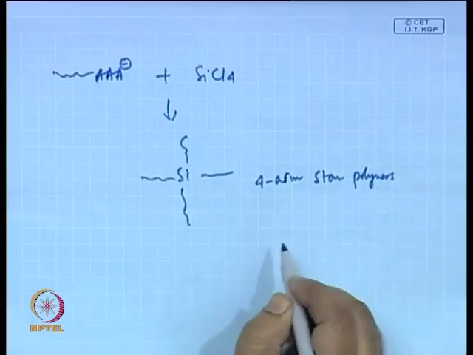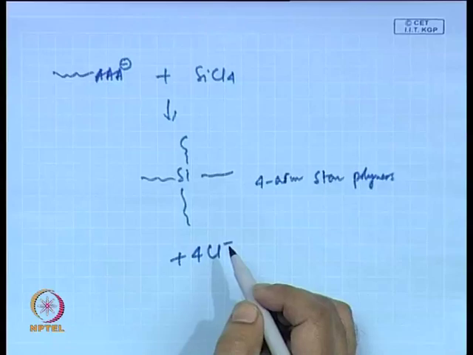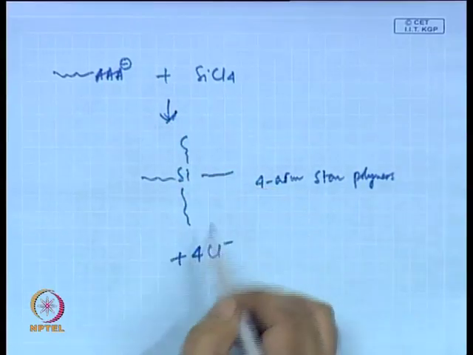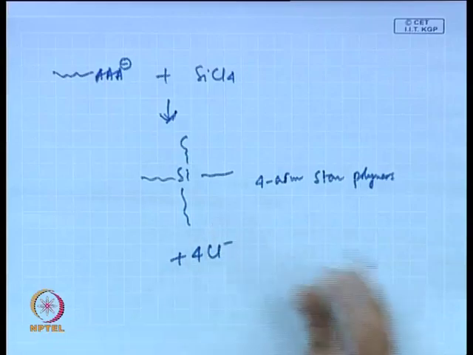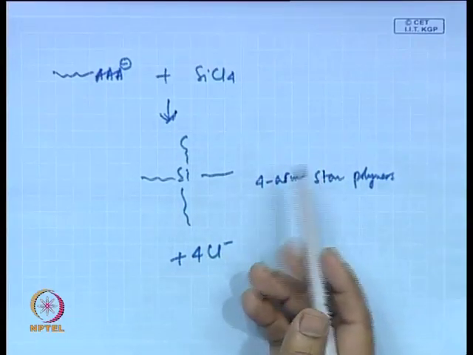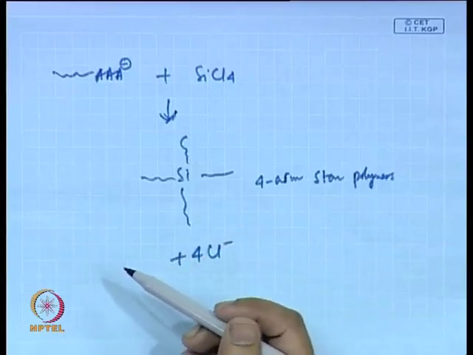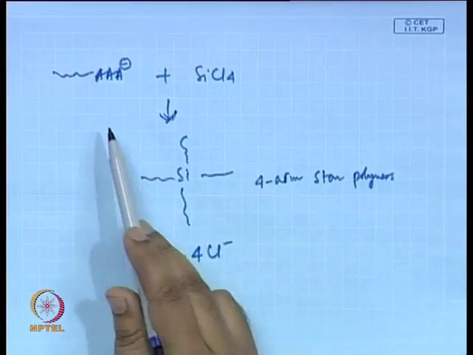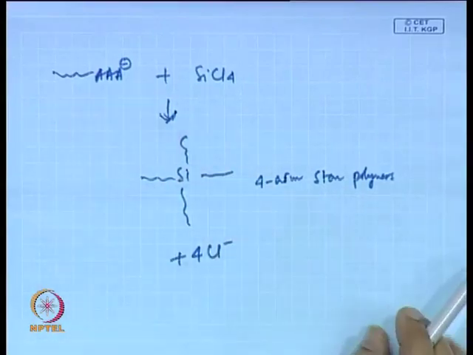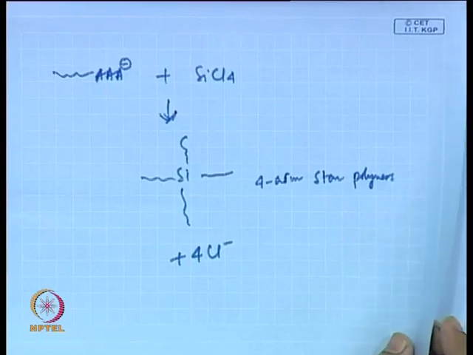So, these are examples of how you can utilize ionic polymers to make functionalized polymers having different geometry. As we have discussed several times in the last lecture, you can utilize this end, and if you add a second monomer, you can actually make a block copolymer as well.